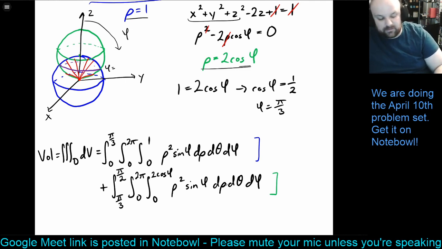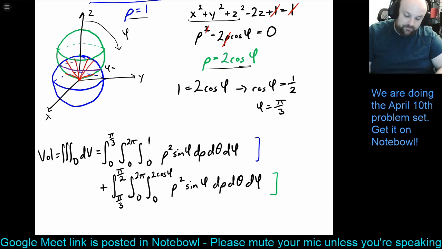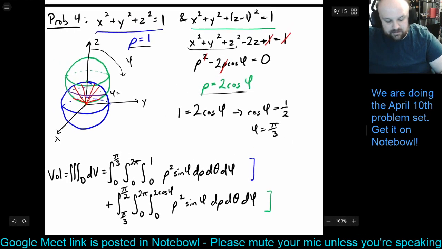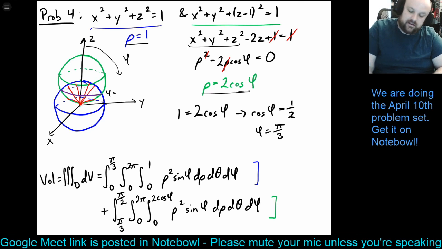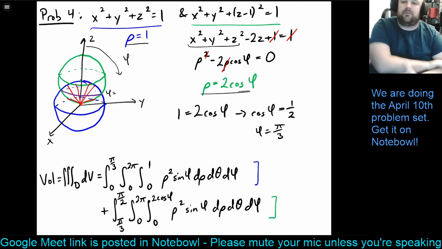The second one might require a substitution of some sort, or there are a few ways you can do it. But neither of these are really all that bad. So any questions at all about problem 4 here? Again, I think the most important part of these types of integrals is being able to set them up.